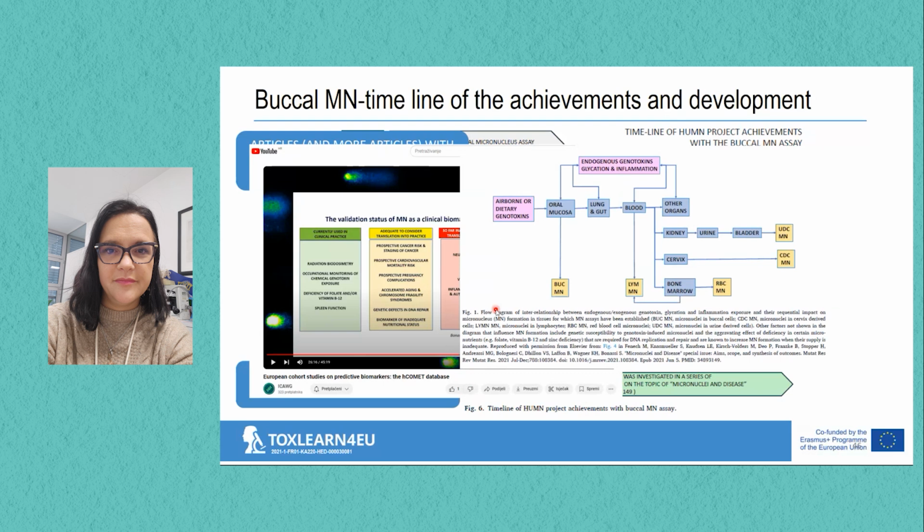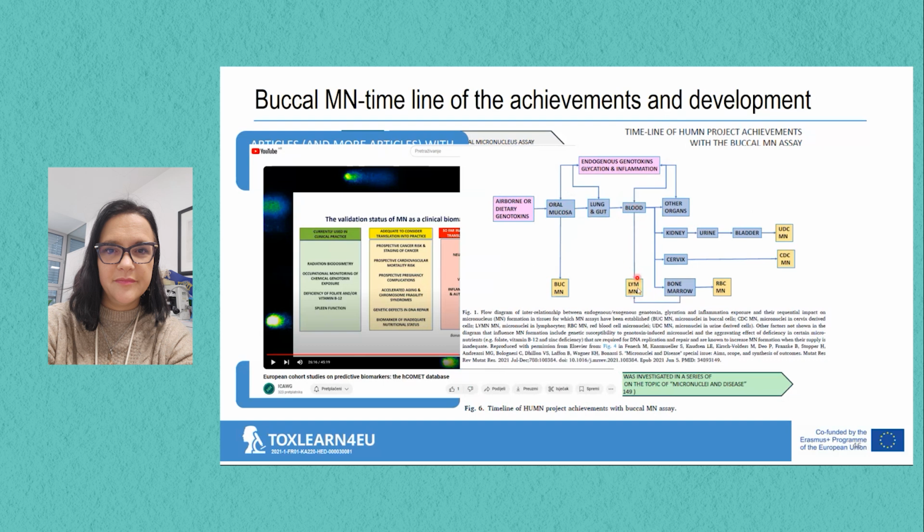In 2024, the HUMN XL group demonstrated that DNA damage in all those types of organs can be connected, and that oral mucosa, meaning buccal micronucleus, can be used for assessment of the exposure and the risk assessment of diseases after airborne and dietary genotoxins, and that this is also connected with glycation and inflammation.